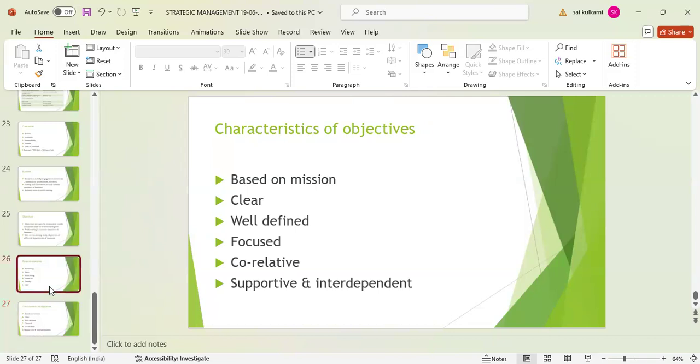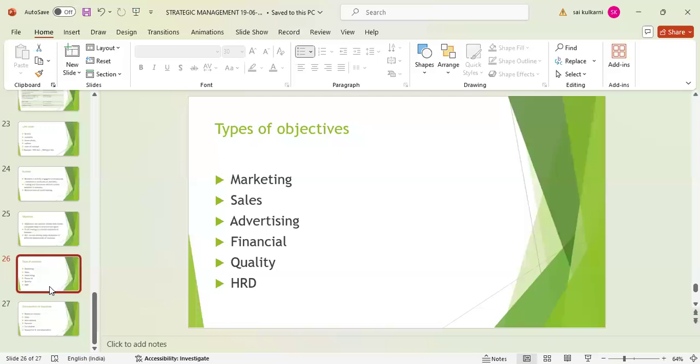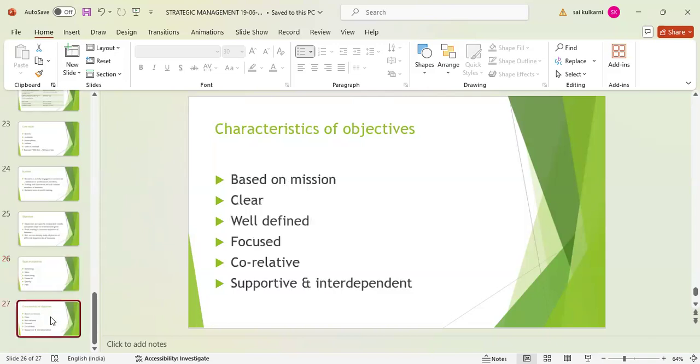So we have discussed here, there are different departments and each and every department or work center has its own objective. The different department objectives are supportive objectives, but though each and every department's objective should be supportive to each other, there should not be clashes between two department objectives.